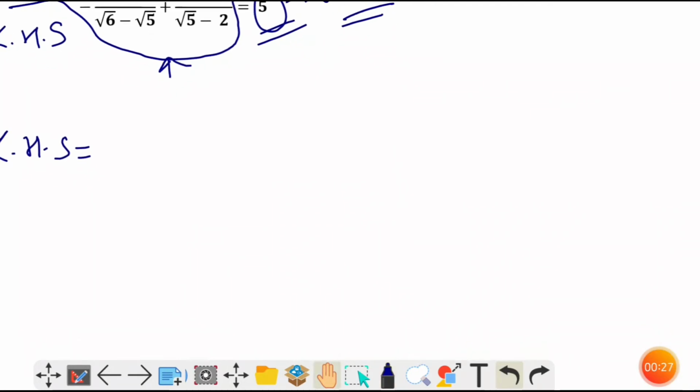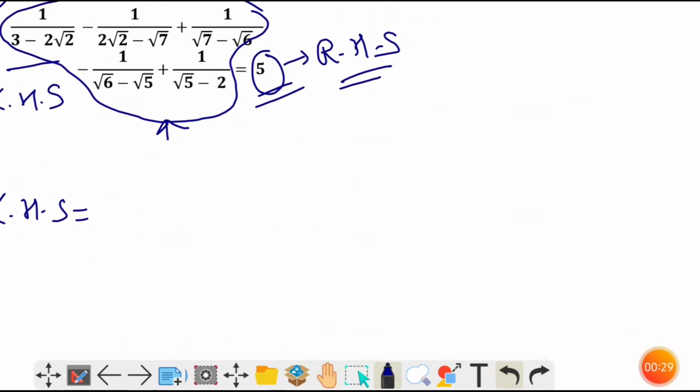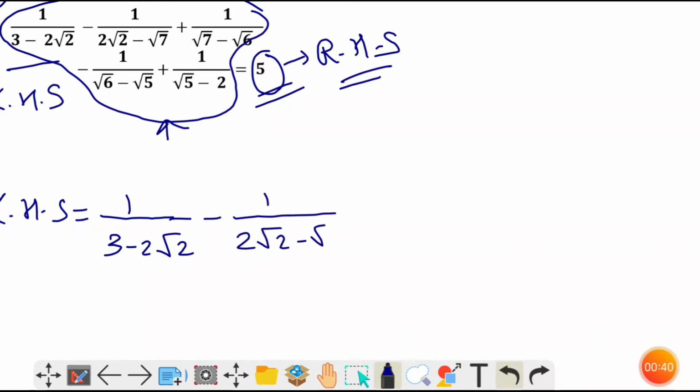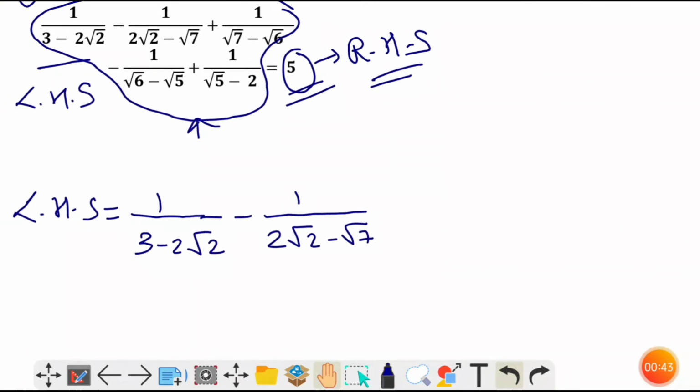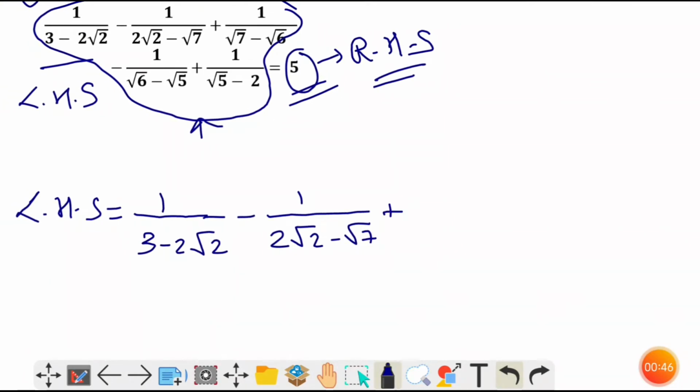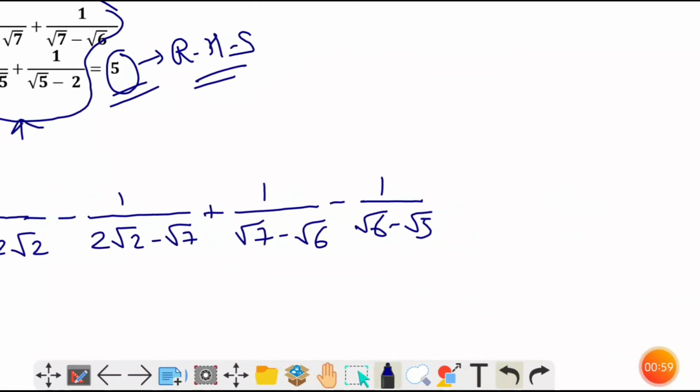In the left hand side we have 1 by 3 minus 2 root 2, minus 1 by 2 root 2 minus root 7, plus 1 by root 7 minus root 6, minus 1 by root 6 minus root 5, and plus 1 by root 5 minus 2.